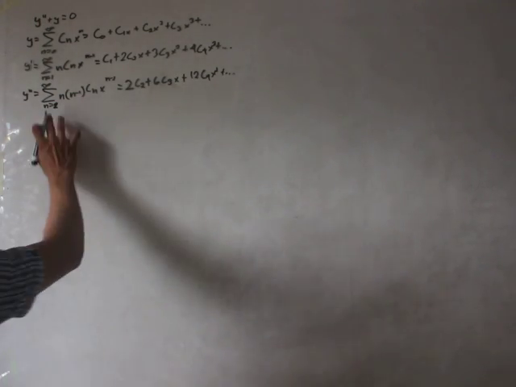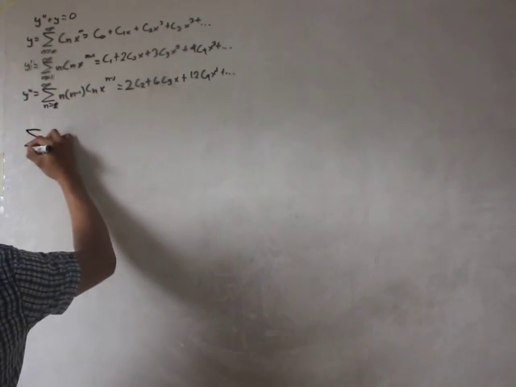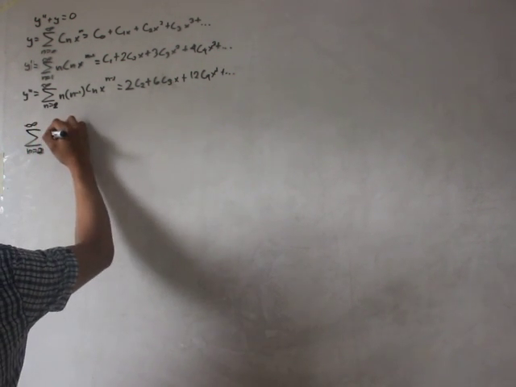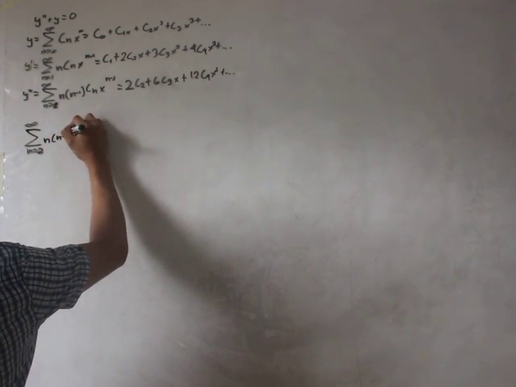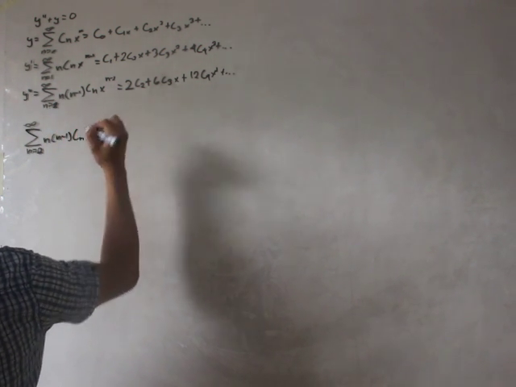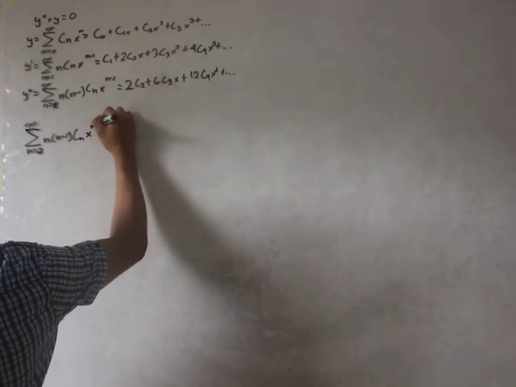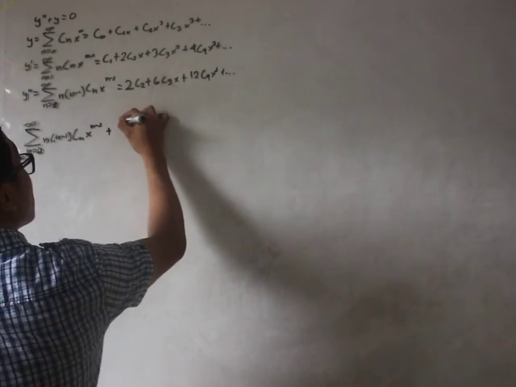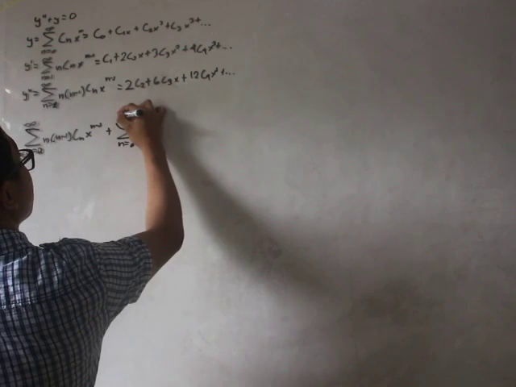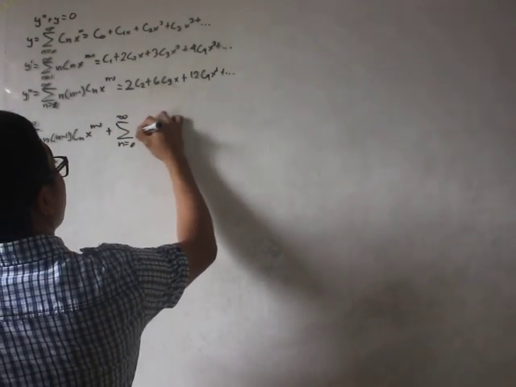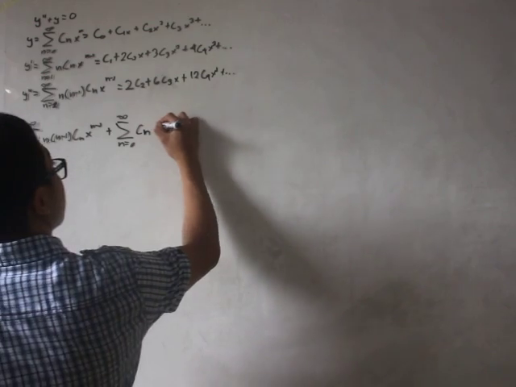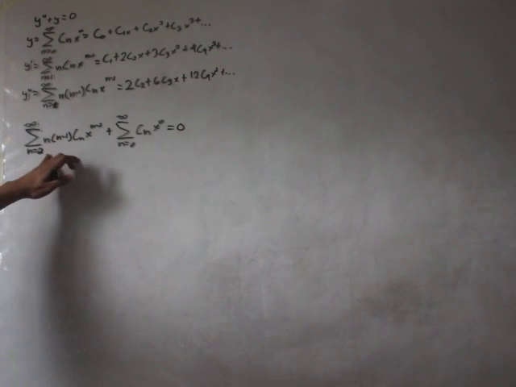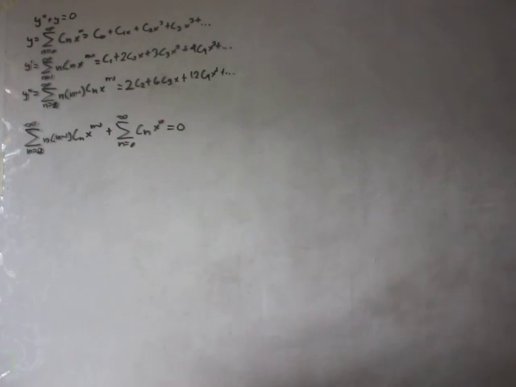So our y double prime is the summation from n equals 2 to infinity of n times n minus 1 times c_n x^(n-2), plus our y, which is the summation from n equals 0 to infinity of c_n x^n, equal to 0. So as you can see, we already have come up with an equation.